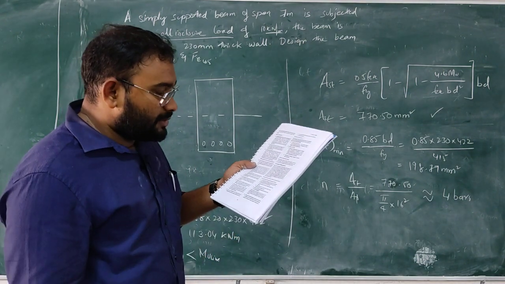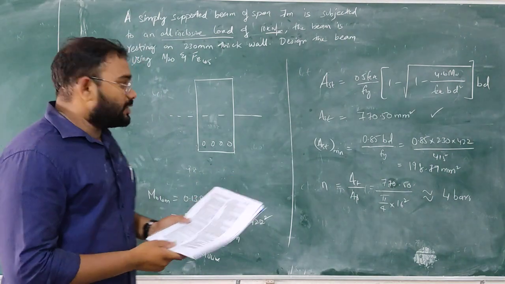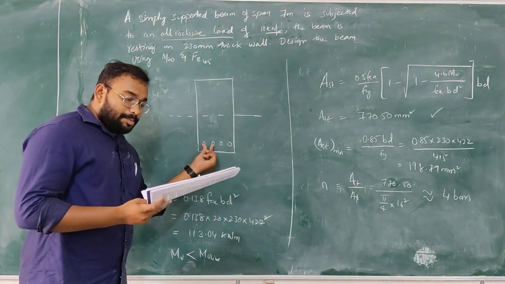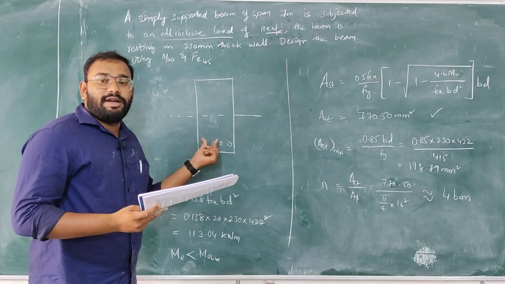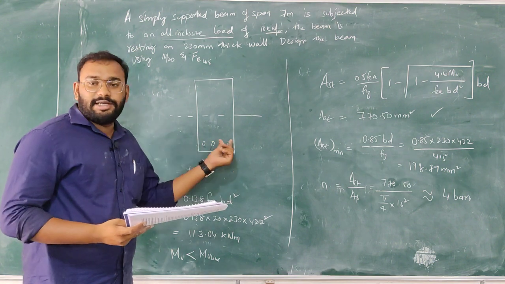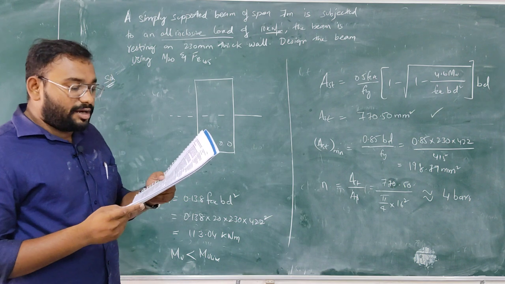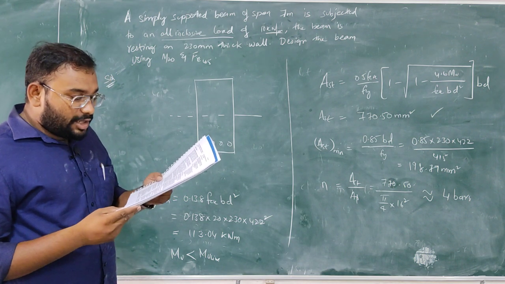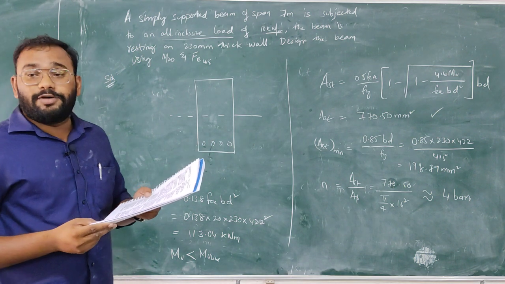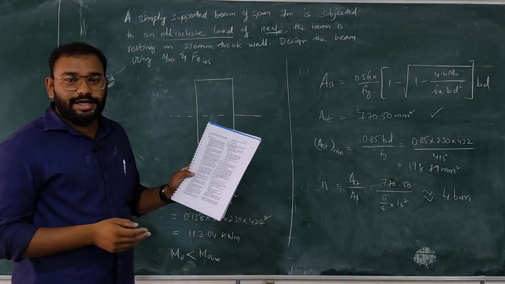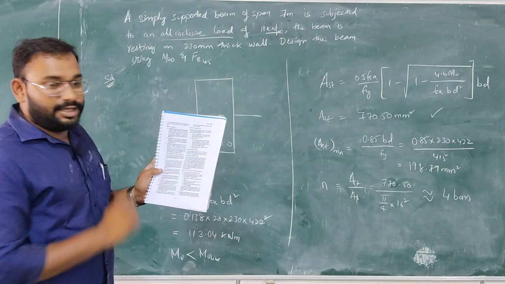See here, it is mentioned, the horizontal distance. This is the horizontal distance between 2 parallel main reinforcing bars. These are parallel bars, right? So the horizontal distance between the 2 parallel main reinforcing bars shall not be less than the greatest of the following. It should be the greatest of these 3.